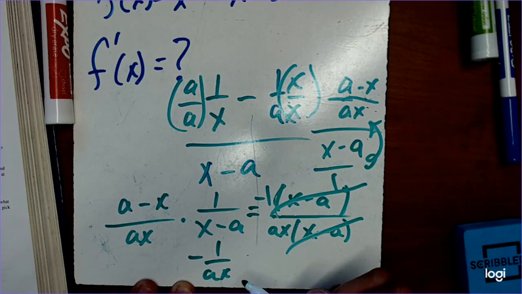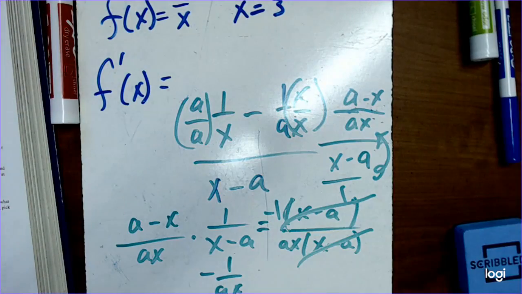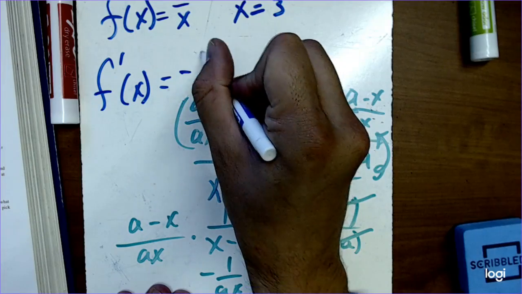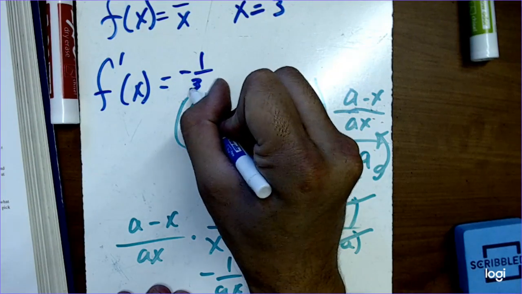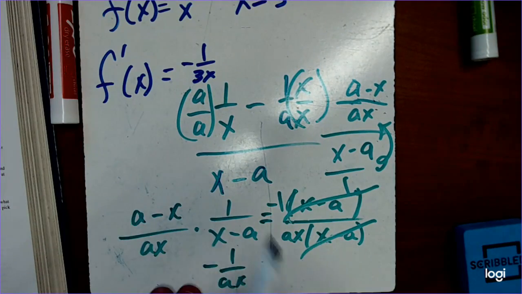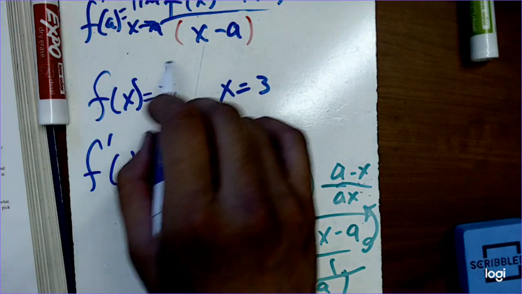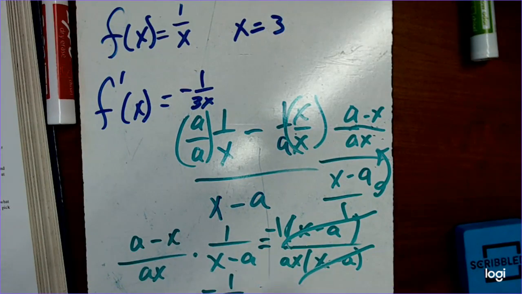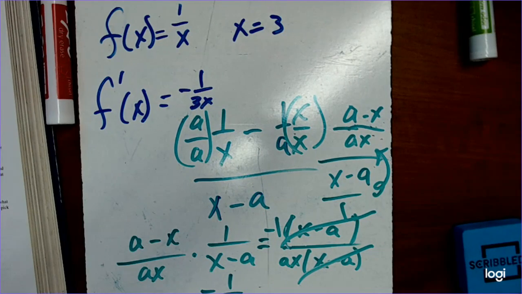So f prime of x should equal negative 1 over... Oh wait, no, I think it's 3x. F prime of x is negative 1 over 3x. Yeah, because it's the limit as x approaches the number a. So I'm substituting the number a in for... what am I saying here? Hold on, let me just check. I don't want to tell you the wrong thing. It's either negative 1 over 3x or negative 1 over 3a. Okay, I got myself. It's both.